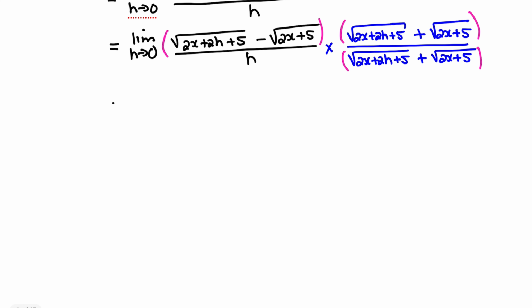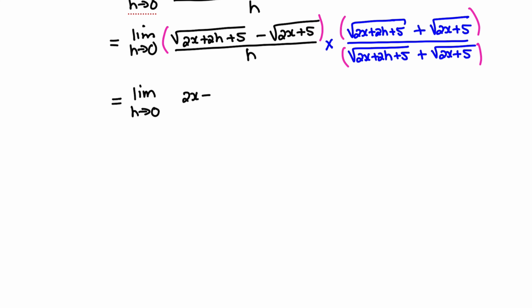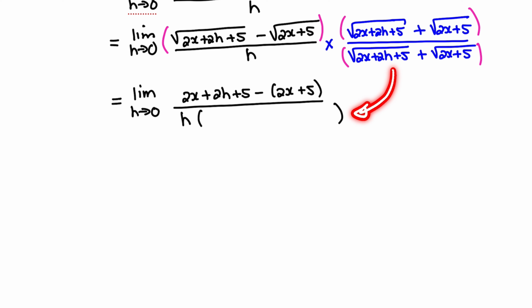We have this is equal to the limit of h towards 0 of (2x plus 2h plus 5) minus (2x plus 5) in brackets. And then in my denominator, I still have the denominator with the roots. So we'll have h times the root of 2x plus 2h plus 5 plus the square root of 2x plus 5.